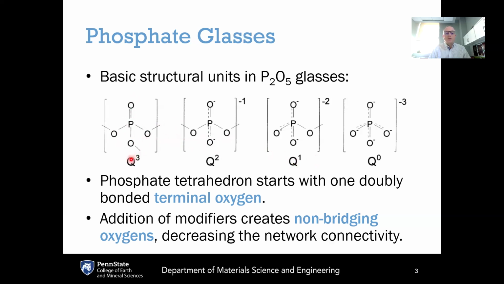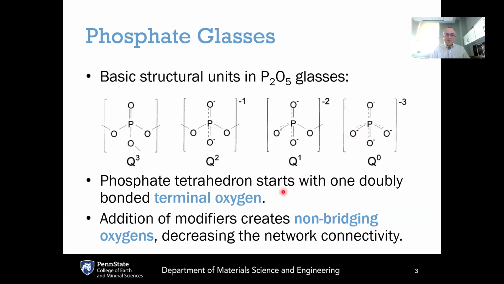And so we go from Q3 to Q2 species, Q1 and Q0. And of course, the glass forming ability becomes worse as we get to lower and lower Q speciation, because we're no longer satisfying Zachariasen's rules if only 2 of the oxygens are bridging oxygens, or 1 or 0.